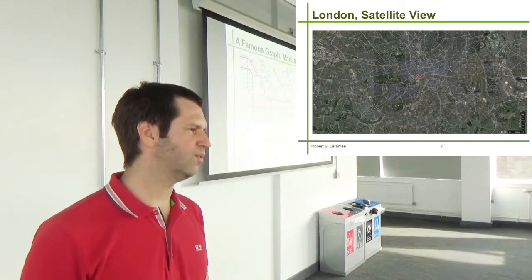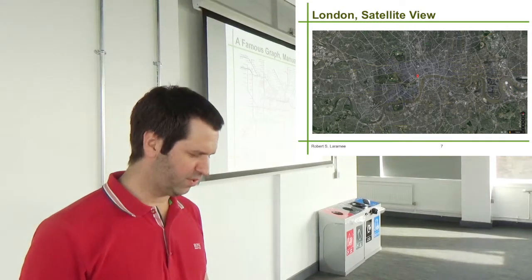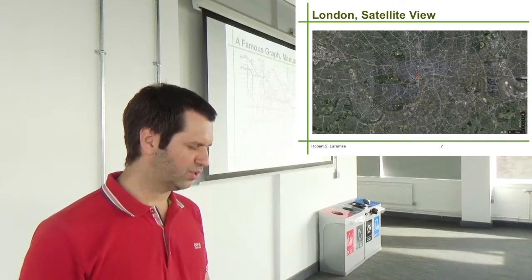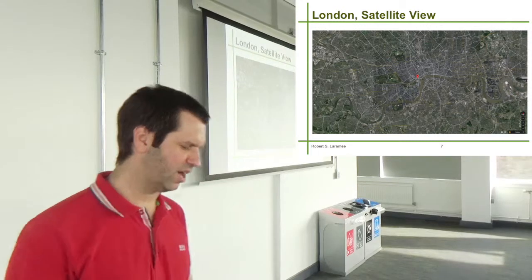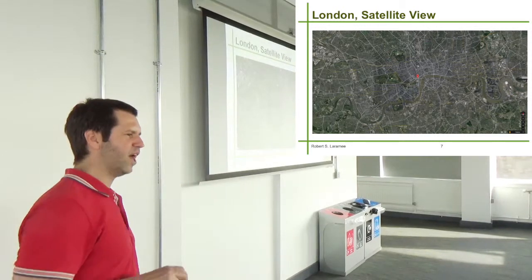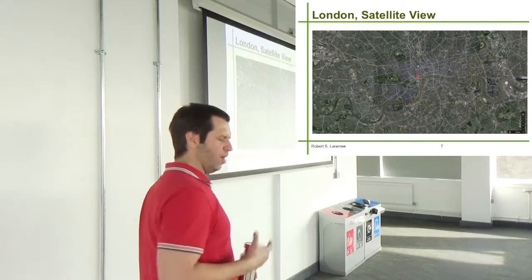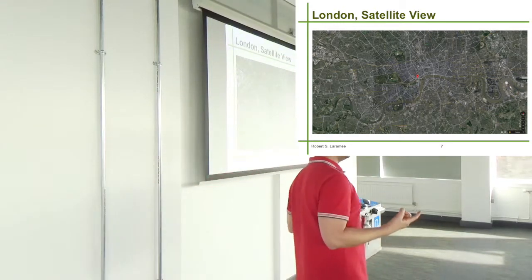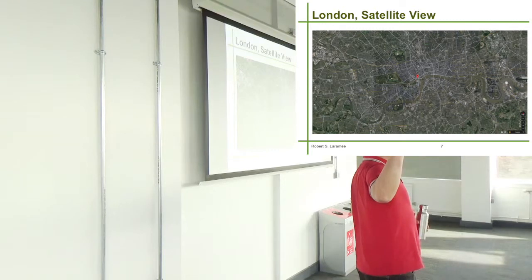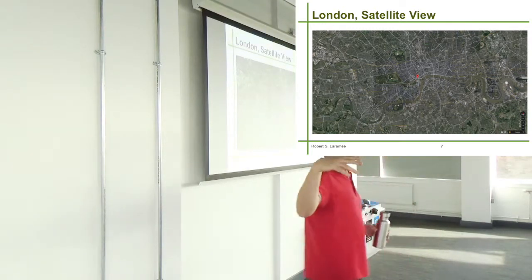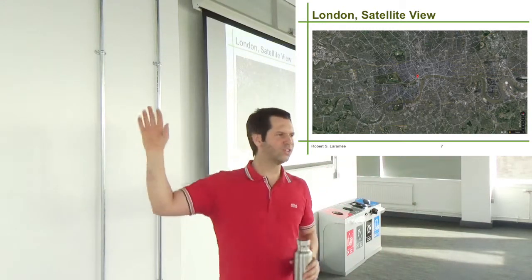Look, there it is. That's virtually the same thing. Here's London from the tube view. Now if we go to Google Maps and take the satellite view of the same area, that's what it looks like. Now if you were in London, has anybody been lost in London before?